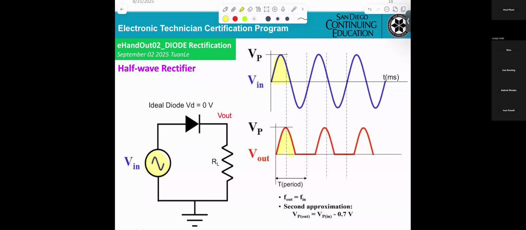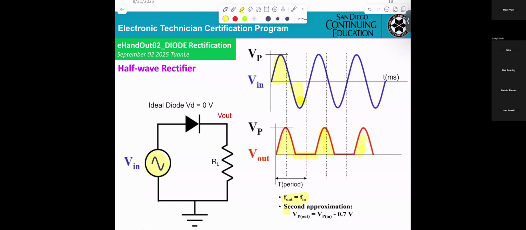However, when it goes negative, the diode will be off, so there is no more signal. And they repeat again. That's what they call a half-wave rectifier. Output frequency and input frequency are the same.